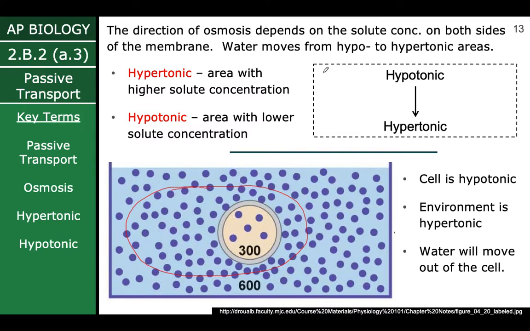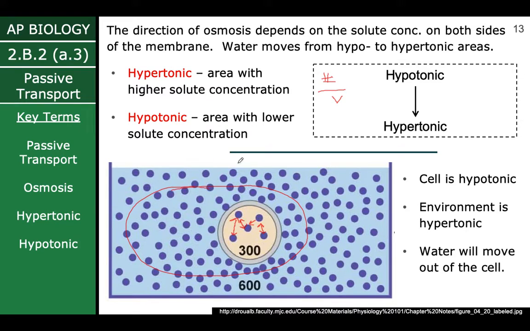Remember that concentration is the number of solutes over your volume, so you really have to take both into account. Sometimes it'll look like the outside is just so full, but sometimes the inside will have the same concentration. What really helps is to look at the distance between particles. If you do, you can see that overall, there's a little bit more space inside of the cell in this case.